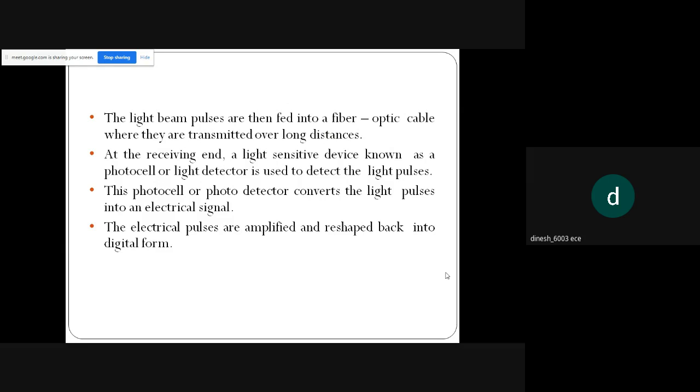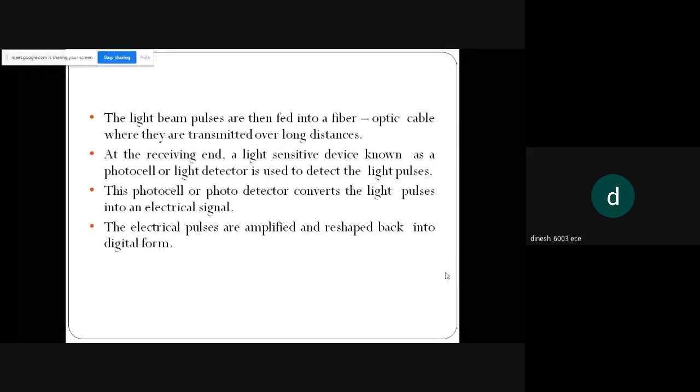Light beam pulses are fed to the amplifier, and then fed to the fiber optic cable. Then they are transmitted over longer distances.